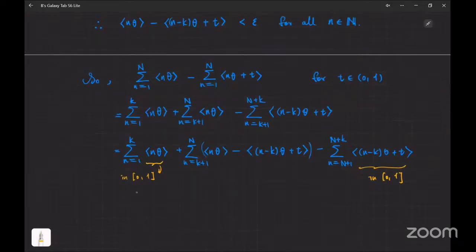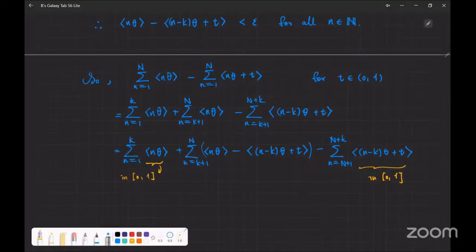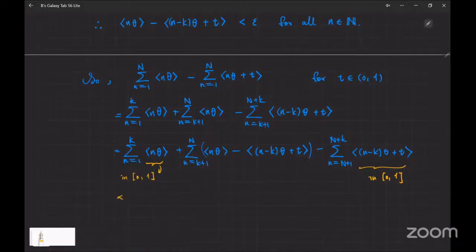So k numbers between 0 and 1 minus k numbers between 0 and 1 gives you a number at most k. So first and foremost, that is at most k between these two yellow ones.